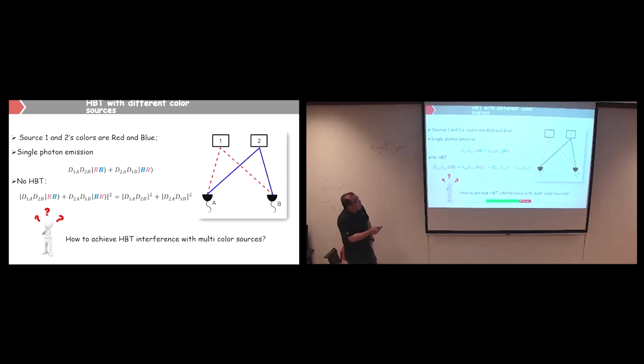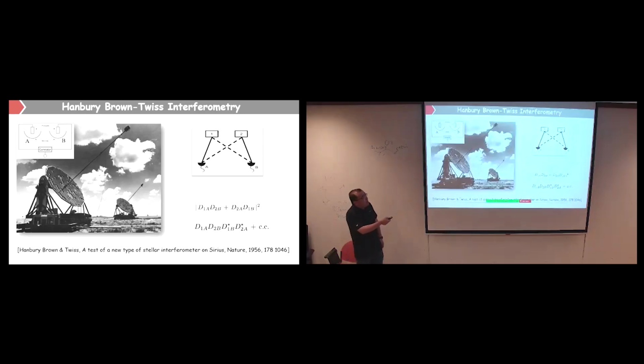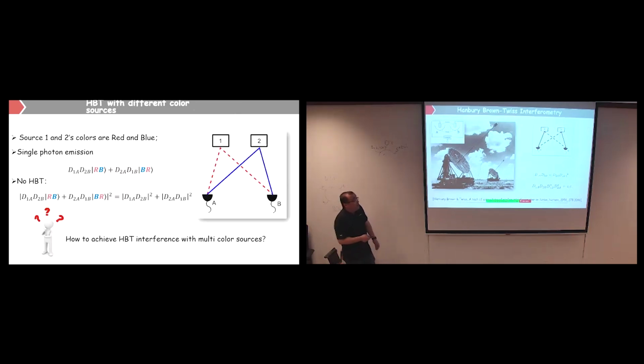And later on, the problem is that there is a requirement: the light from the star needs to have the same wavelength. If the wavelength is different, you couldn't observe the interference.